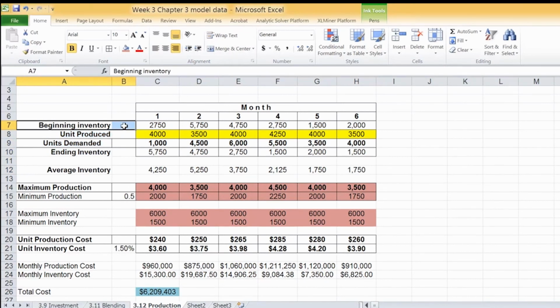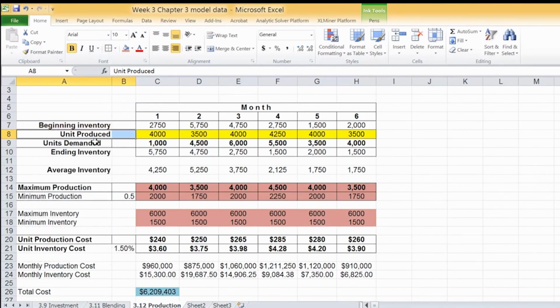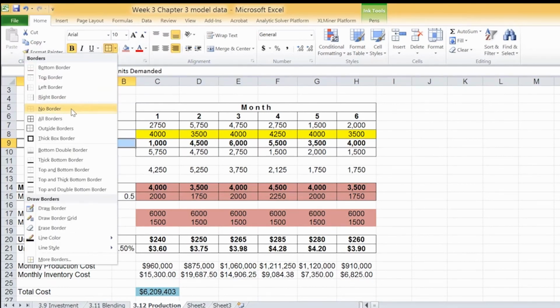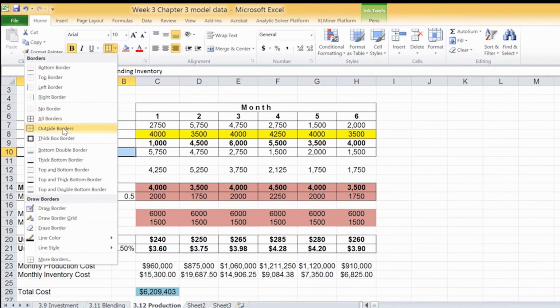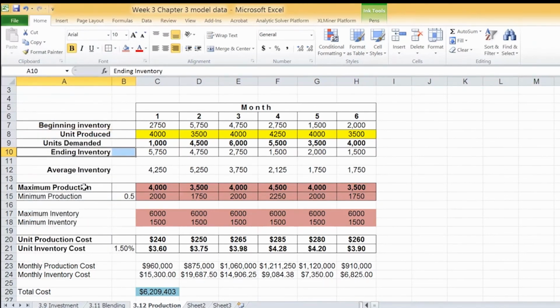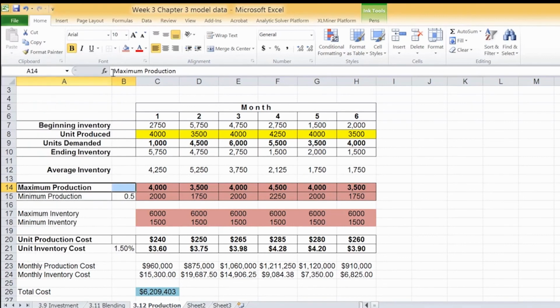For example, here I use the 2 column. I'll just add a border like this. Here, no border and then outside border, so they are all together.